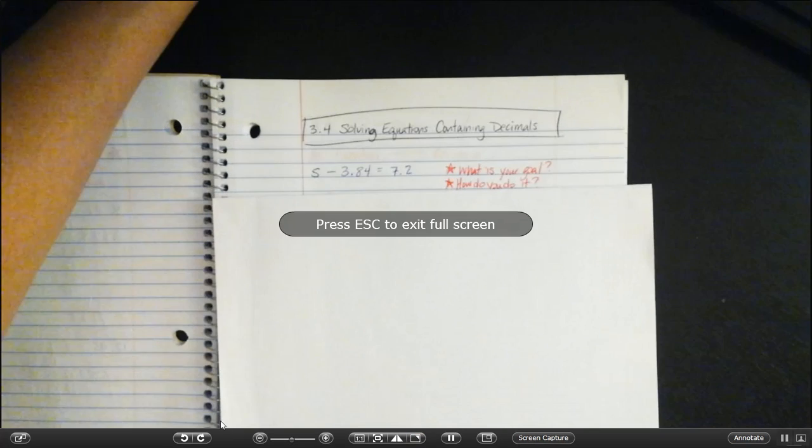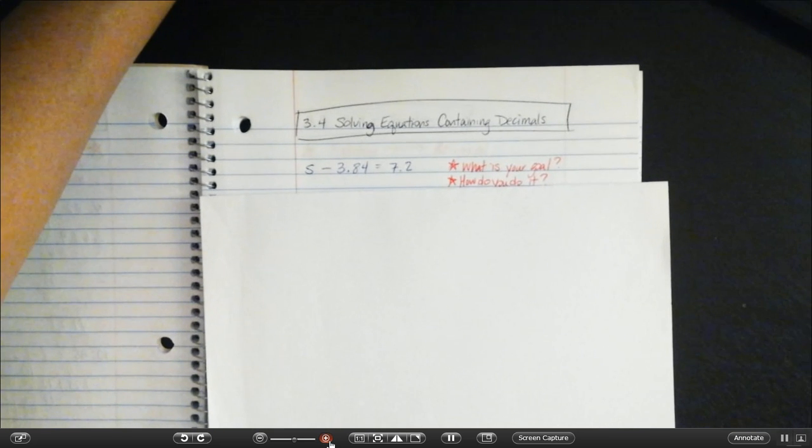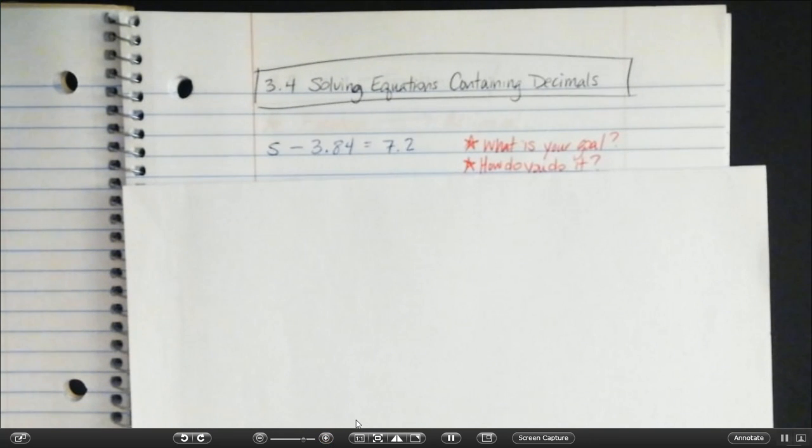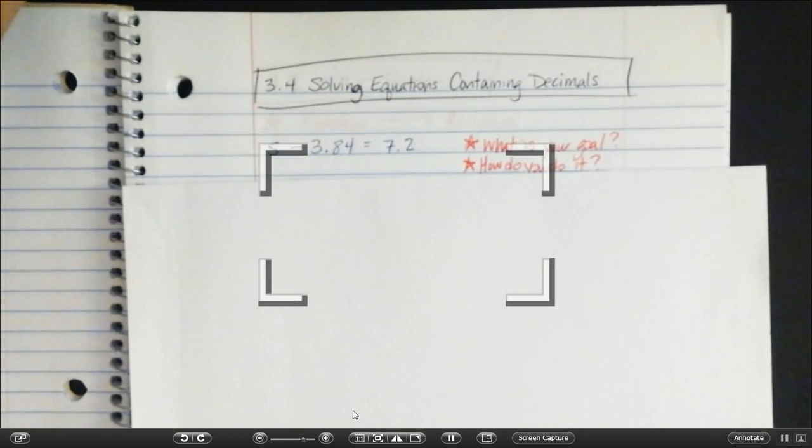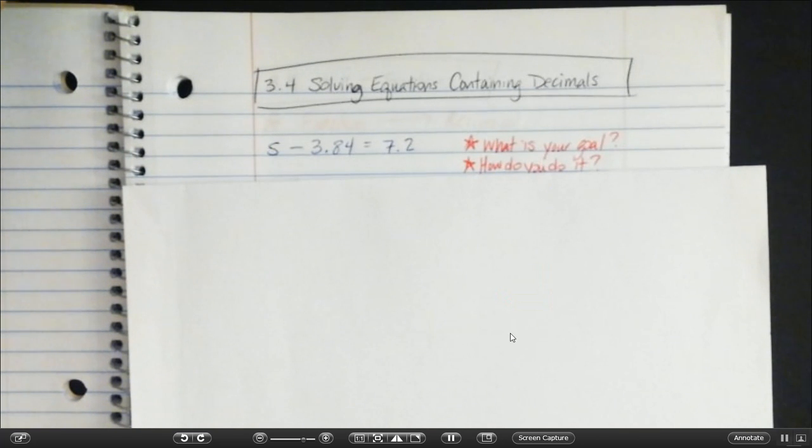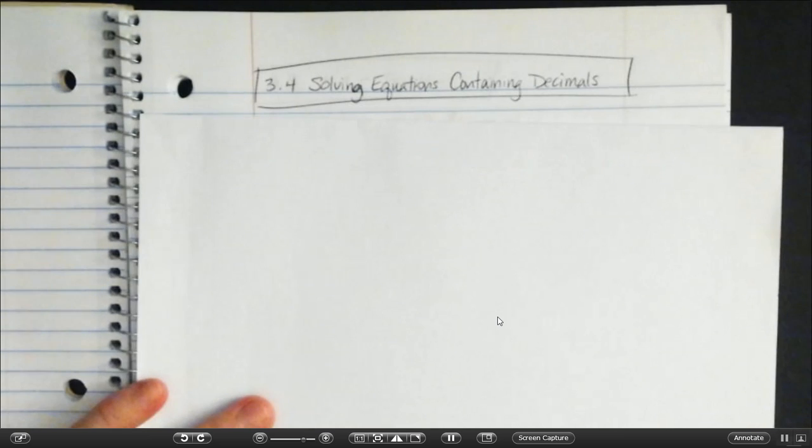Autofocus. Huh. I wonder if it's just my... That is strange. Okay.